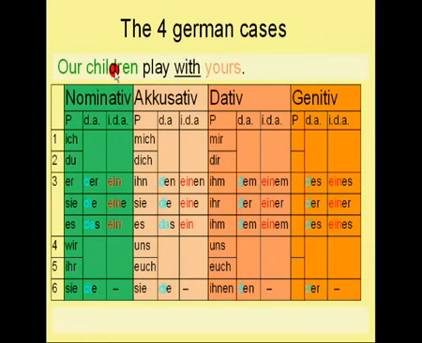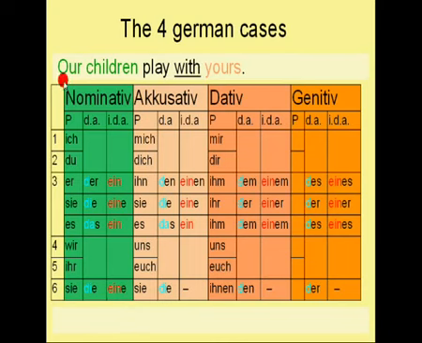Now children is a noun in the plural, right? And as I told you before, in German we don't have indefinite articles for plural nouns, but we have possessive pronouns for plural nouns. So for demonstration purposes, I put this word in here so that you know which ending the possessive pronoun has. It has the ending e.